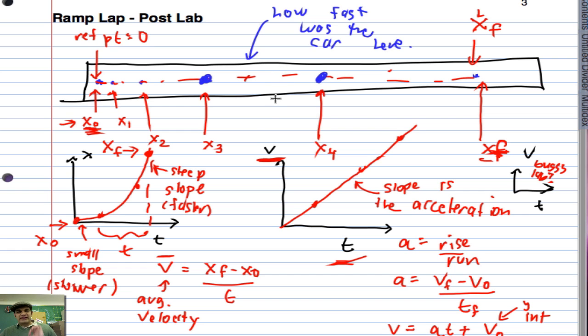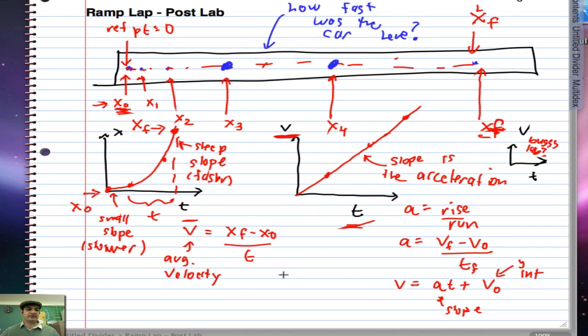So that's just during that little snippet of time. How fast was the car going? Well, first of all, the word for that is called instantaneous velocity. That's how fast we go at a point in time.